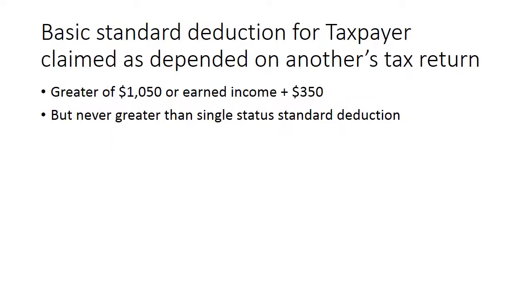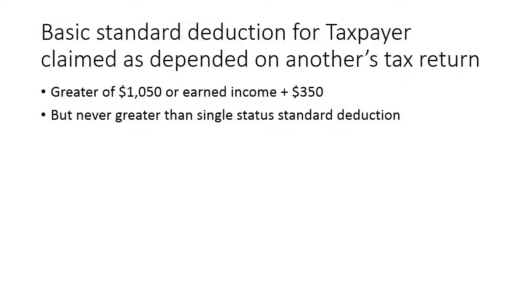The final weird thing or exception to a basic standard deduction, so this only affects that standard deduction amount. Additional standard deductions would still be calculated the same way, is if the taxpayer is claimed as a dependent, I apologize, it's not dependent, but dependent on another's tax return.